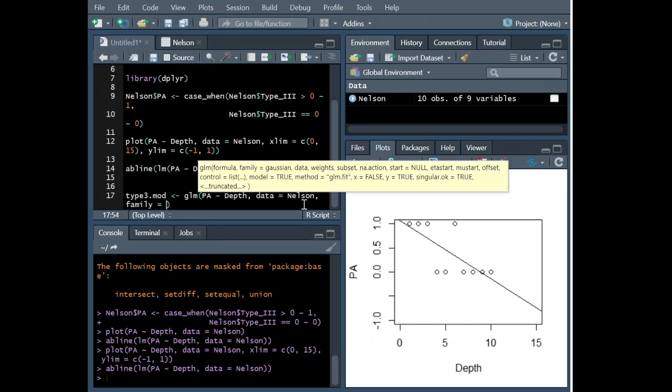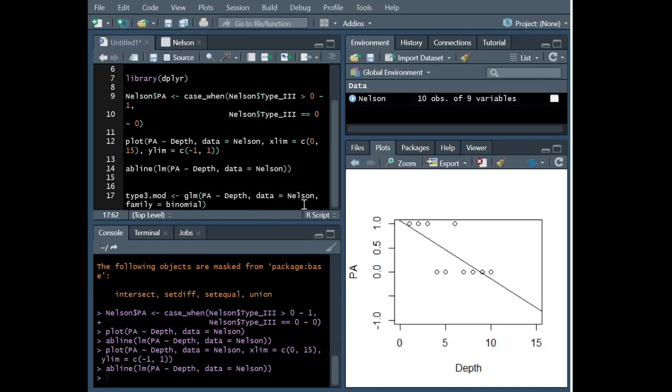Now in this case, because it's a binomial generalized linear model, we want a binomial family argument specified in here. This is telling the GLM function that our residuals, our error estimates, are binomially distributed, right? Those points around our model fit, the stochastic part of our model, are binomially distributed.